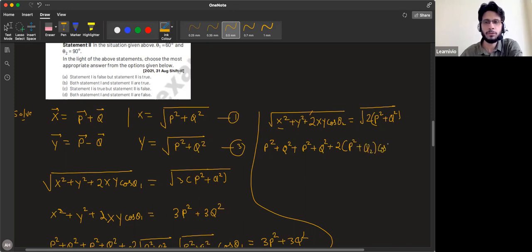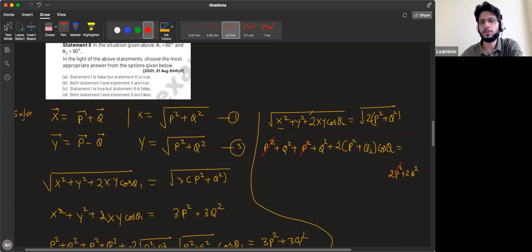Cos theta 2 is equal to twice of p square plus twice of q square. So this p square plus p square and this 2p square gets cancelled out.